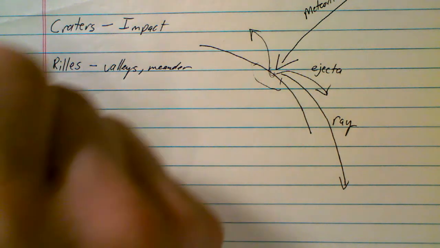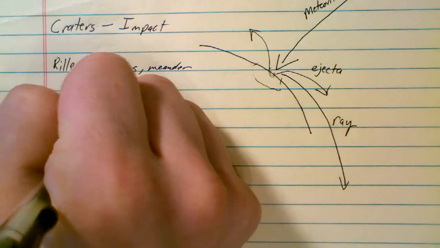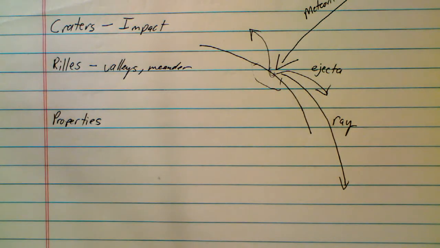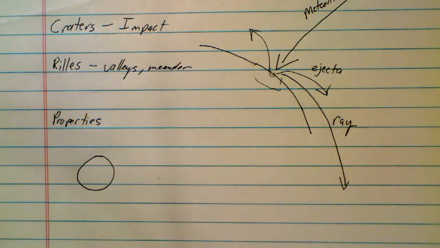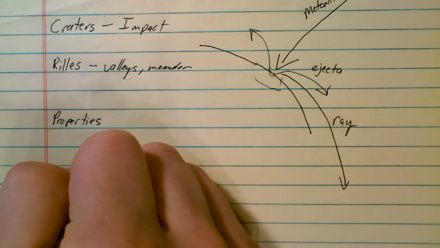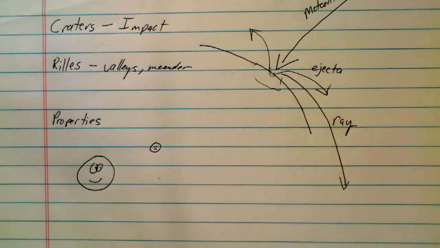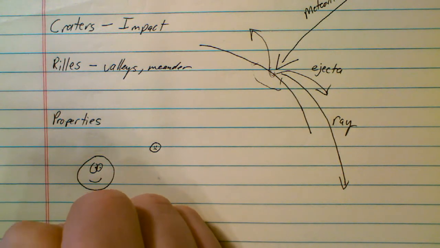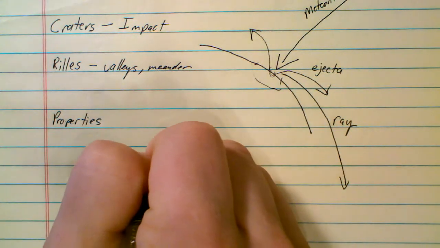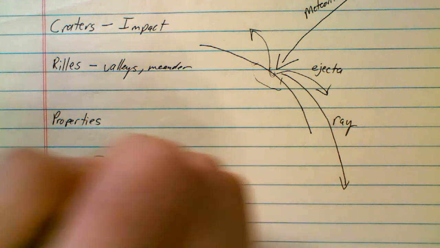So, some properties of the moon. Our moon is larger than other moons. So, he's much bigger, at least in proportion to other moons to planets.